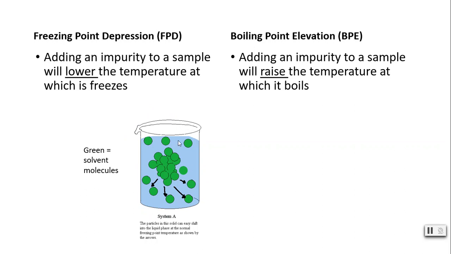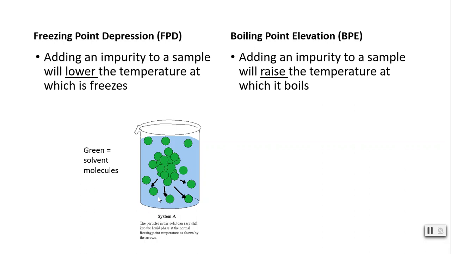This cartoon I have here. Let's say I have a sample of acetic acid, and let's say that my liquid solvent, my acetic acid, is the green molecules. If I have a pure liquid sample of acetic acid, those molecules are free to move in between the solid and the liquid phase.